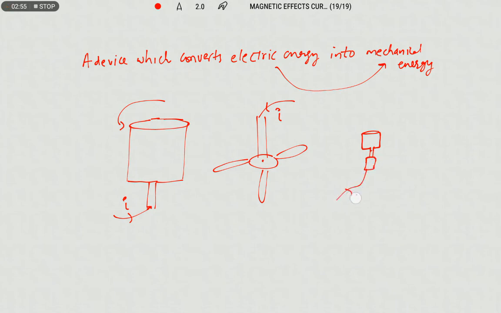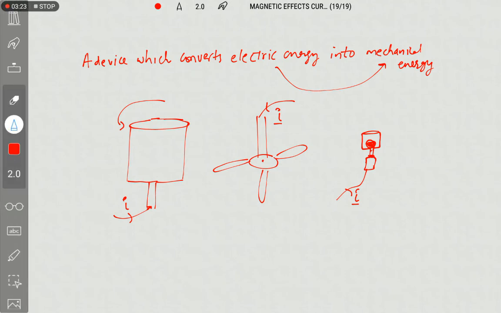As the current passes, the motor rotates, and along with the motor the blades in the bowl also rotate. So in all these cases we observe the conversion of electrical energy into mechanical energy. Any device which converts electrical energy into mechanical energy is known as an electric motor.